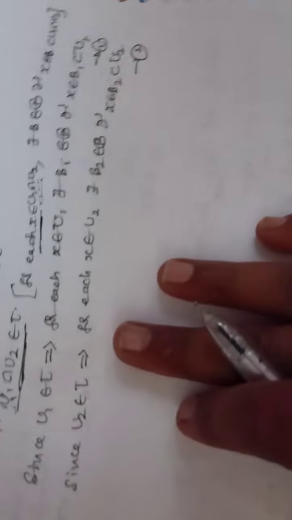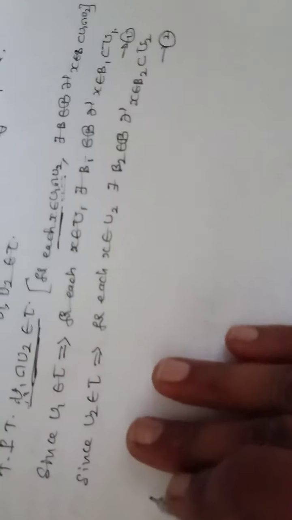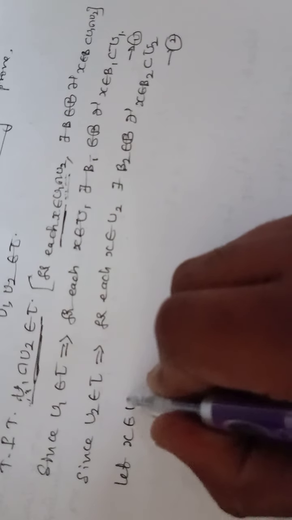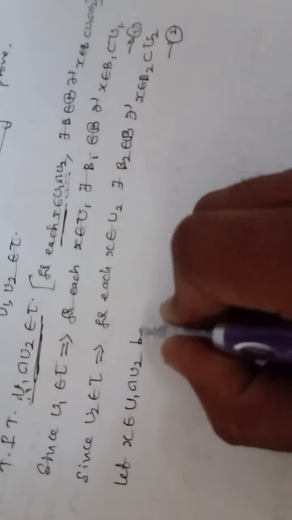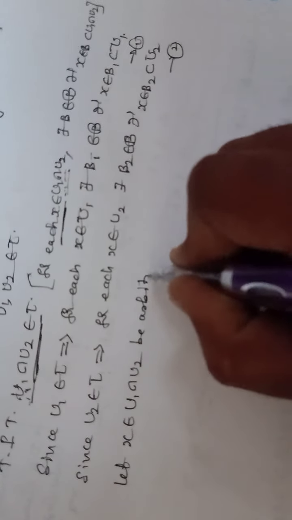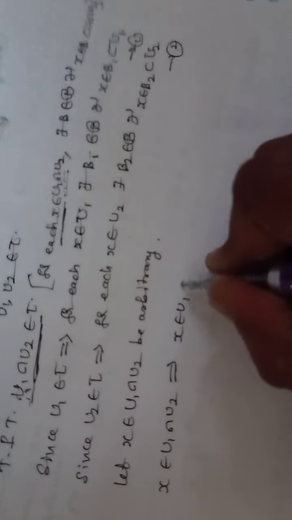This must be true for each x, therefore I am taking an arbitrary element. Let x belongs to u1 intersection u2 be arbitrary. So x belongs to u1 intersection u2 implies x belongs to u1 and u2.